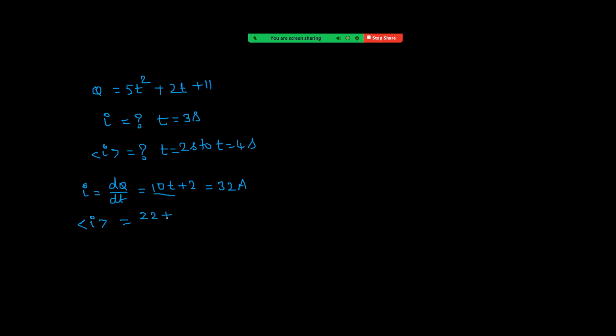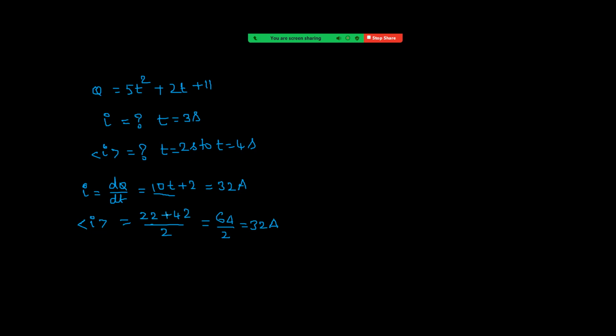Initial value plus final value. 10 into 4, 40. 40 plus 2, 42. Initial value plus final value by 2. See how much we get? 22 plus 42 is 64. 64 by 2, that is now 32.